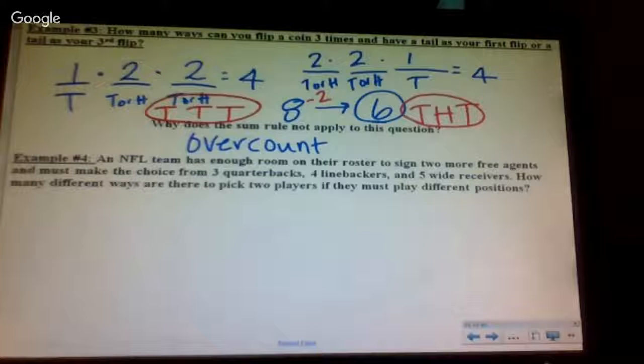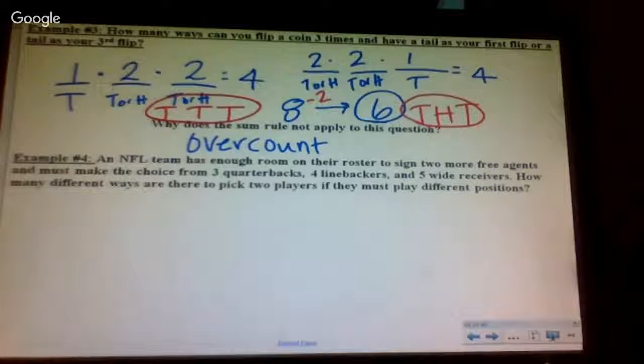Last one. We have an NFL team that has enough room on their roster to sign 2 free agents and must make the choice from 3 quarterbacks, 4 linebackers, 5 wide receivers. How many different ways are there to pick 2 players if they must play different positions?